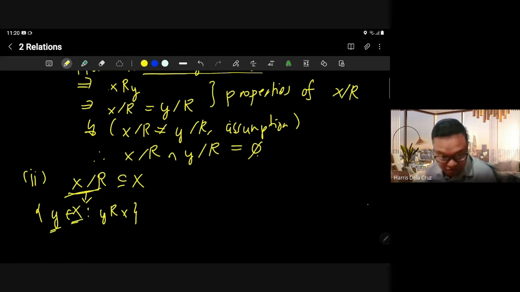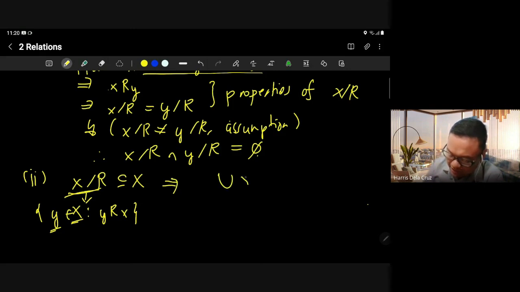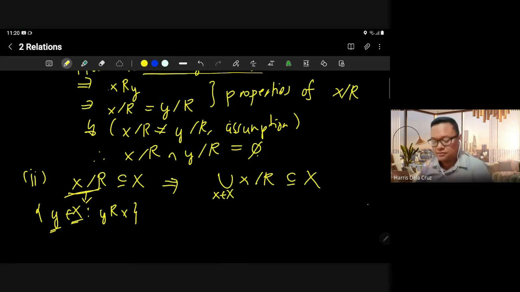So there's no question there, ha? Si bawat isang equivalence class, laman siya ni X. Okay. So, ibig sabihin nun, automatic na pag ni-union mo lahat yan, subset siya ng X. Okay?